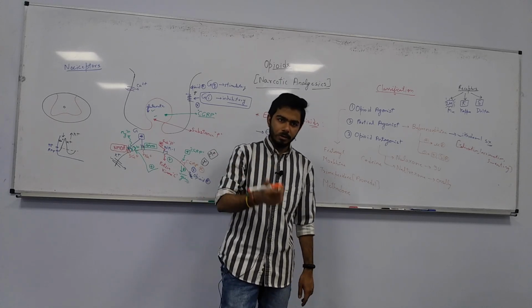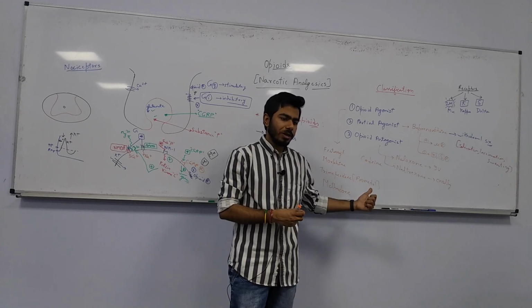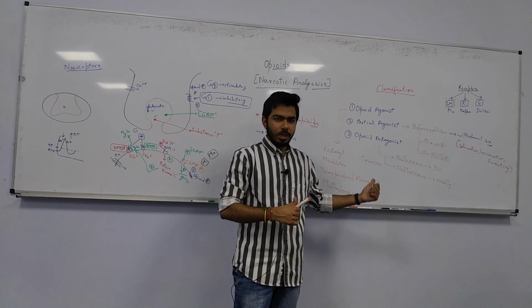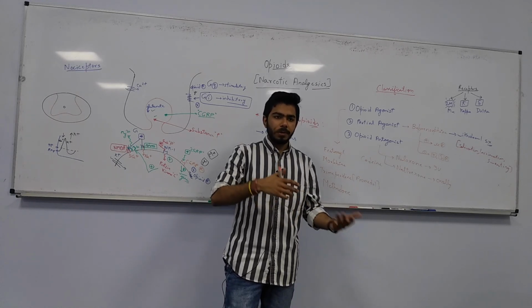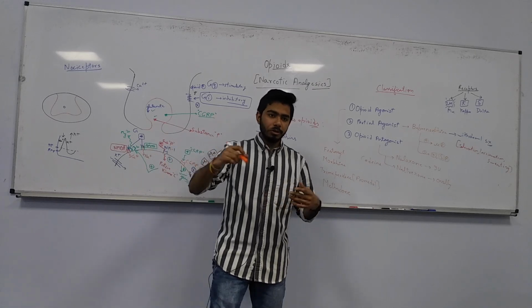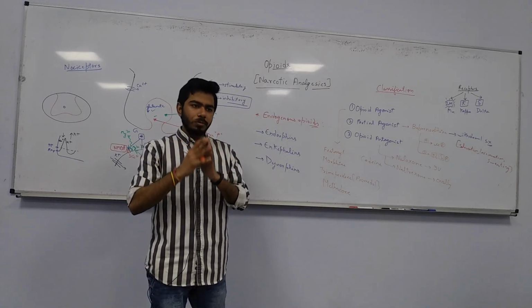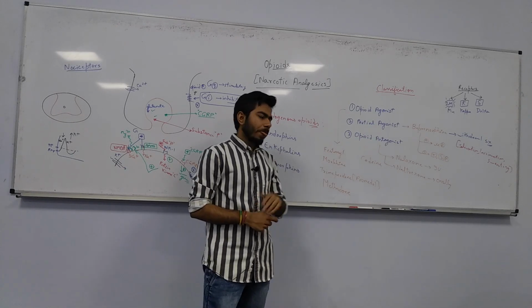Why monitor? Because it has side effects. For example, respiratory depression may happen, bradycardia may happen, blood pressure might decrease, and the patient might fall into shock. So you should monitor the patient.